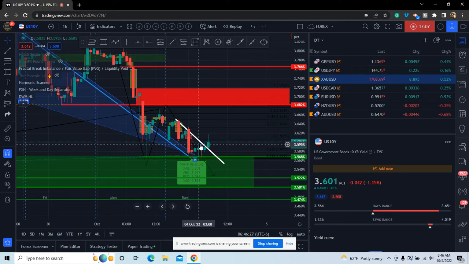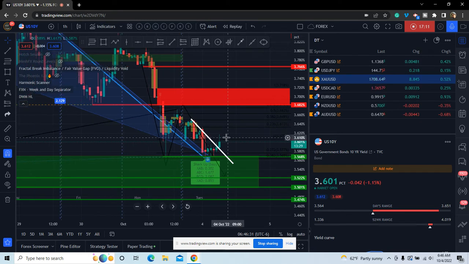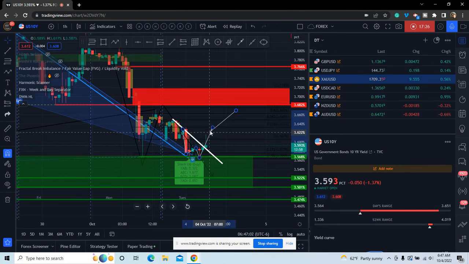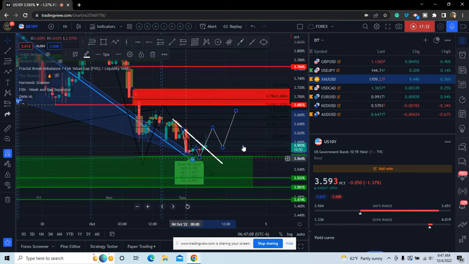However, we've got this M formation, so this could be a little while longer before we get that, but we'll have to wait and see. So you've got the W formation coming in. Any move higher, such as this, coming up to resistance to move back in before the exit out of this accumulation or lower down accumulation.